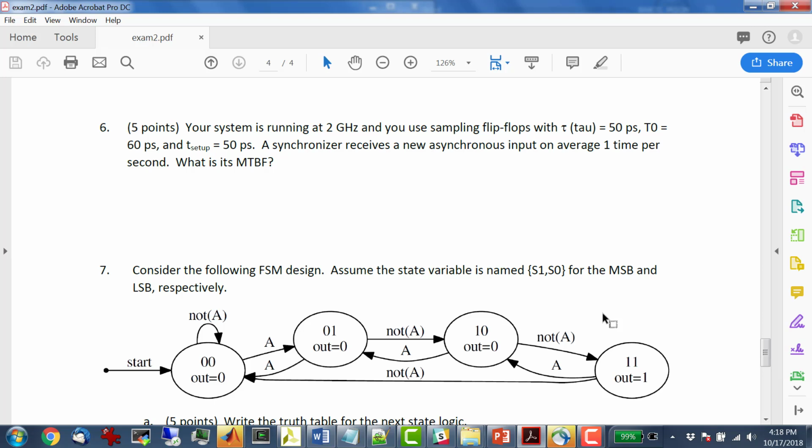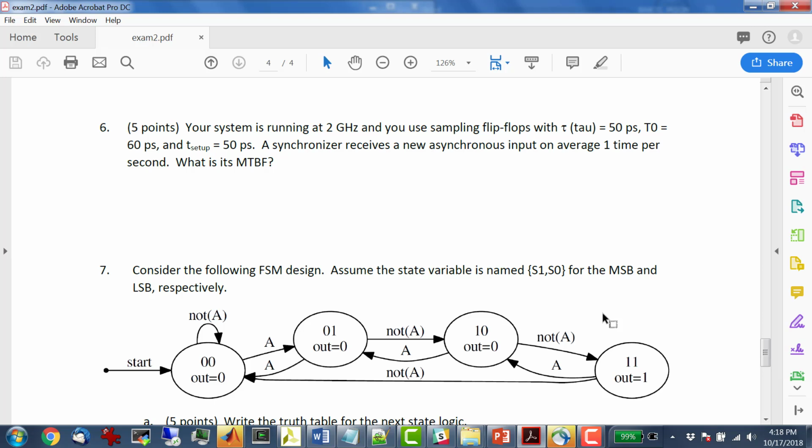The mean time between failures is the reciprocal of that. So it's going to be Tc divided by n T0 times e to the Tc minus T setup over tau.